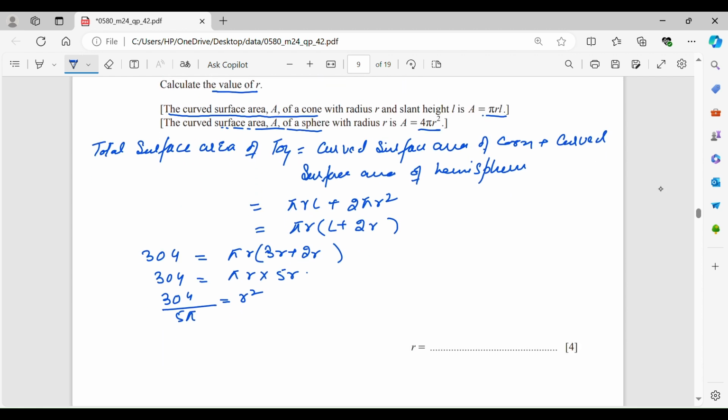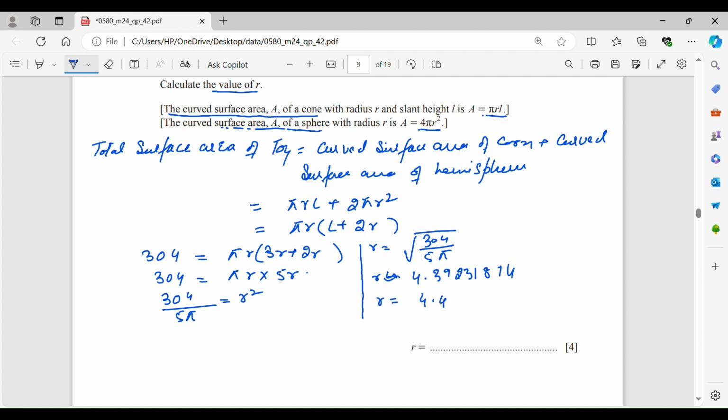Now we will use the calculator for this. r will be equal to the root of 304 divided by 5 pi. r will be approximately equal to 4.39231814, which in 3 SF I will take as r equal to 4.4.